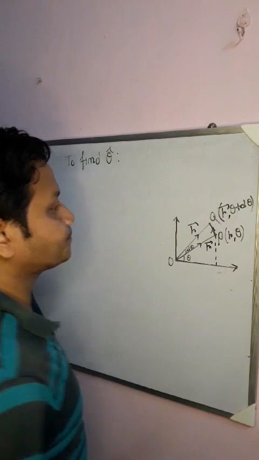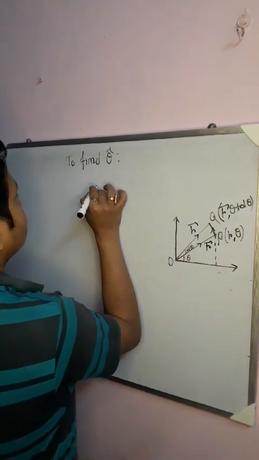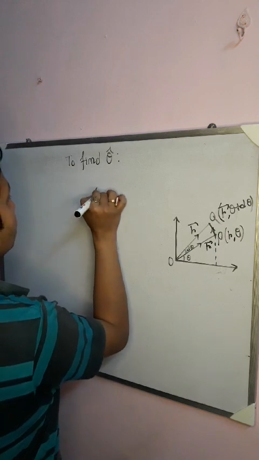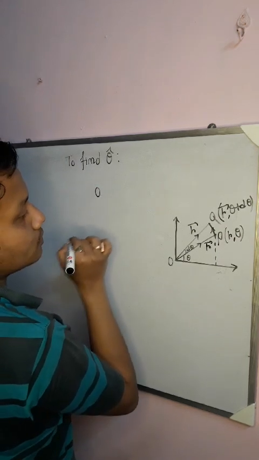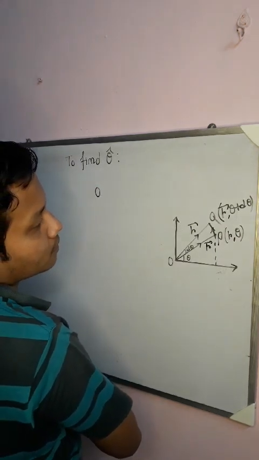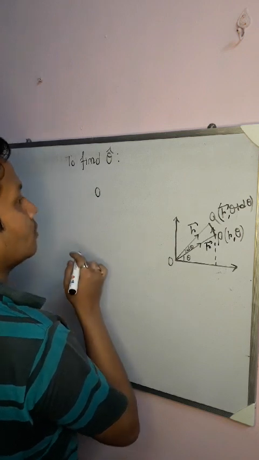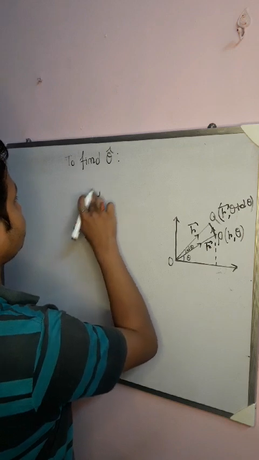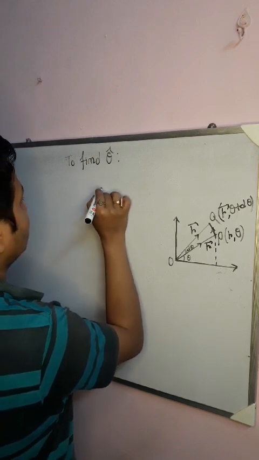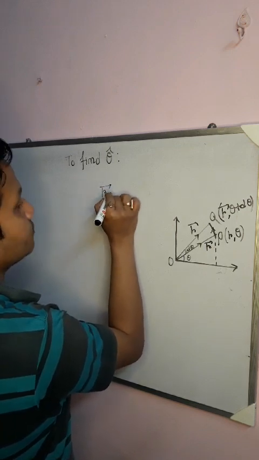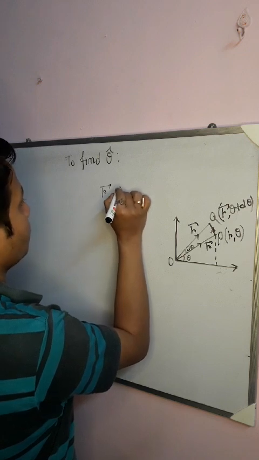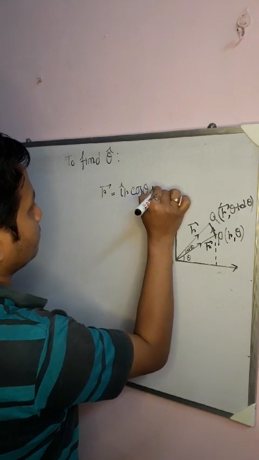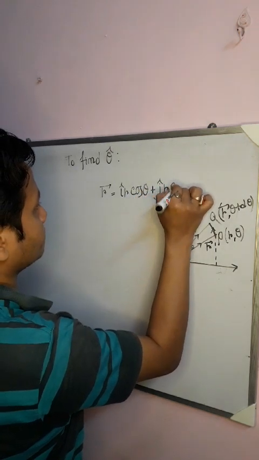So at first, we write previously OP as i cap r cos theta plus j cap r sin theta.